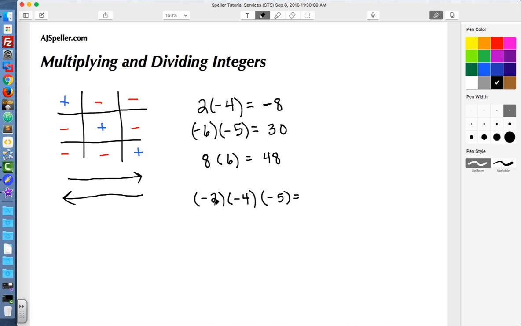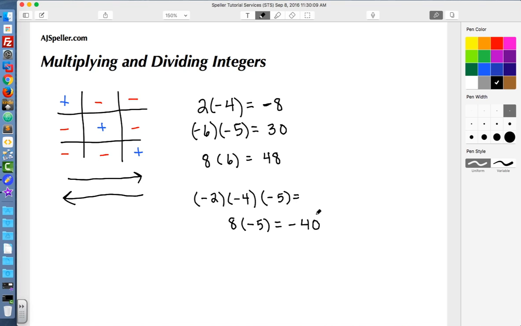So here I'd multiply the 2 times 4 to give me 8, and the 8 has to be positive. Then I'd rewrite the remaining portion, which is the negative 5. So now I'm left with a positive 8 times a negative 5. A positive times a negative is again going to give me a negative. So I place my negative sign, and then I know that 8 times 5 is 40.